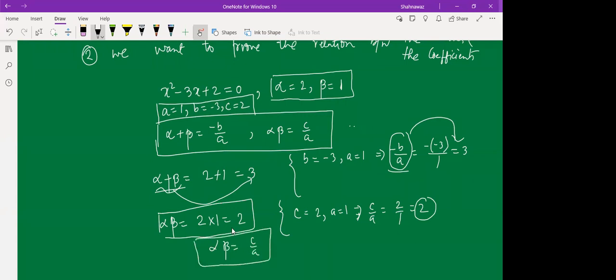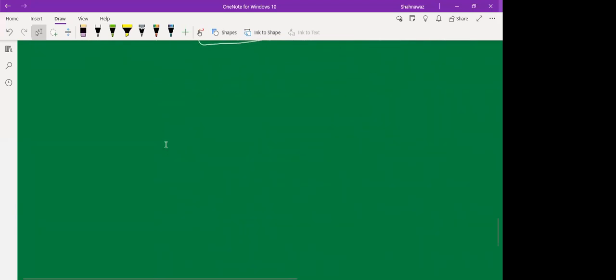So what was our real aim? Let's take a note here. Point 1 is that this was the equation.